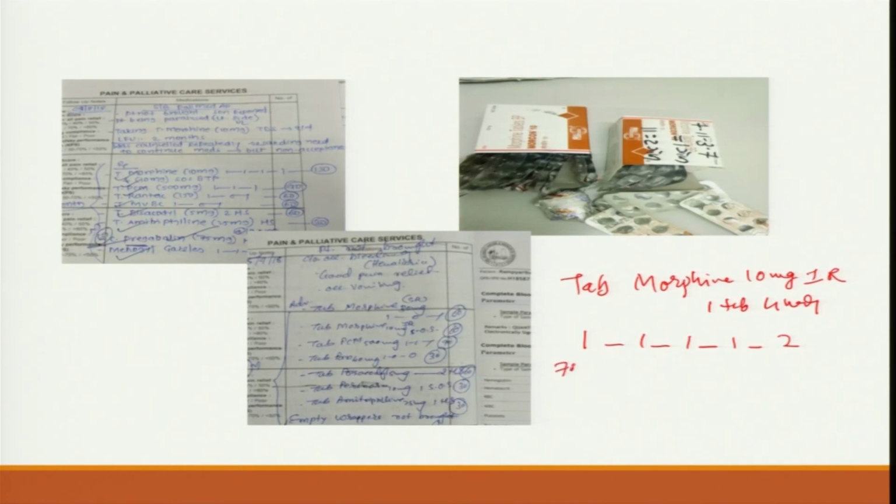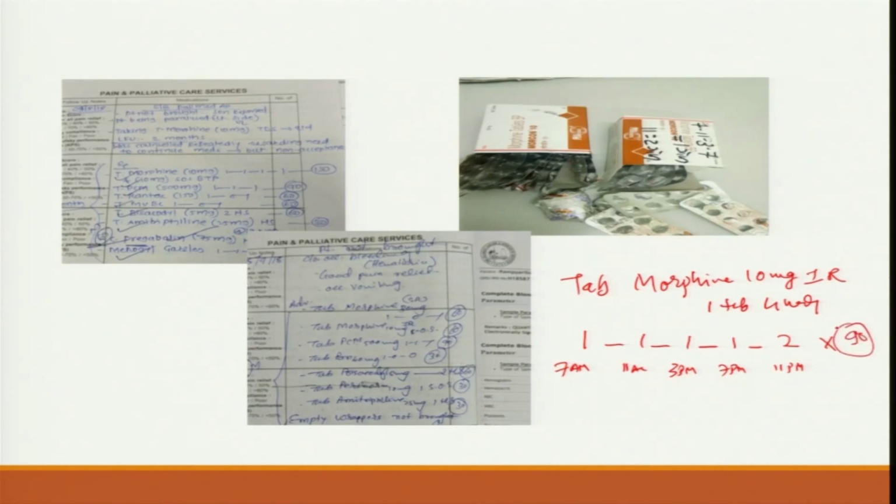Here we write the timings: 7 am, 11 am, 3 pm, 7 pm and 11 pm. Then if we are giving it for 15 days, here we write the number of tablets; for 15 days it will be 90 tablets.